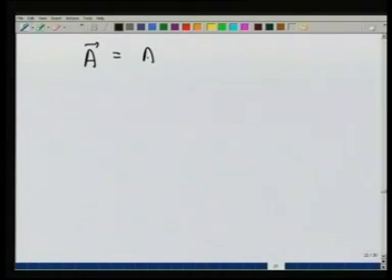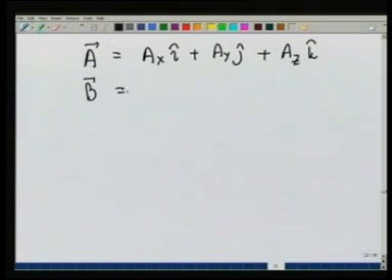Having written a vector in its algebraic form, let us ask, how do I add two vectors? Suppose there is another vector B, which is b_x i plus b_y j plus b_z k.